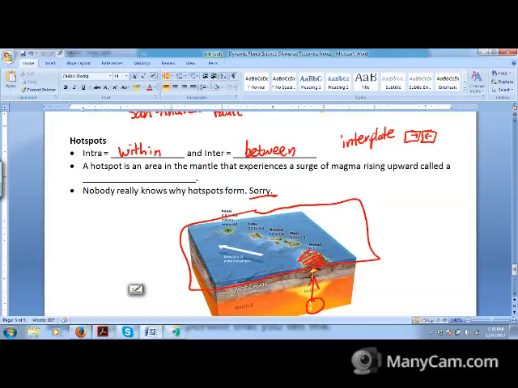Okay, so this mantle is going to rise and it's going to form an island. And you can actually track the age of these islands, considering that these islands are going to move apart because of plate movement. So this plate might be doing something with this plate in that maybe, I don't know, maybe this plate's moving this way and this plate's moving that way. I don't know, but plate movement is going to move this entire thing in one direction.